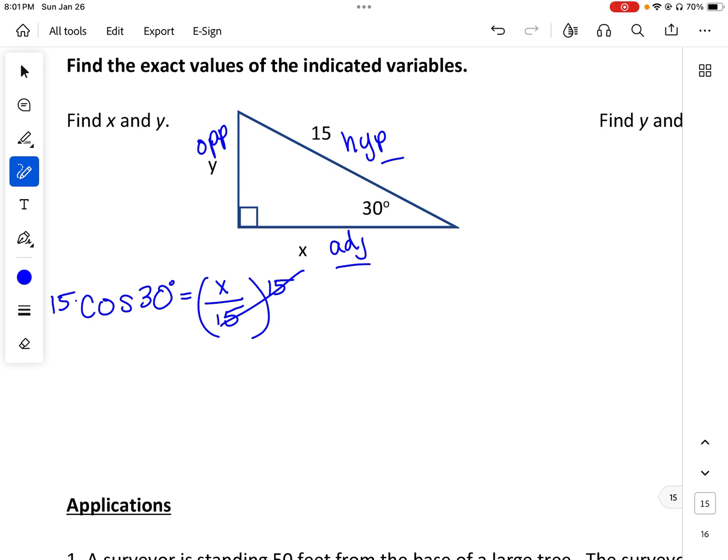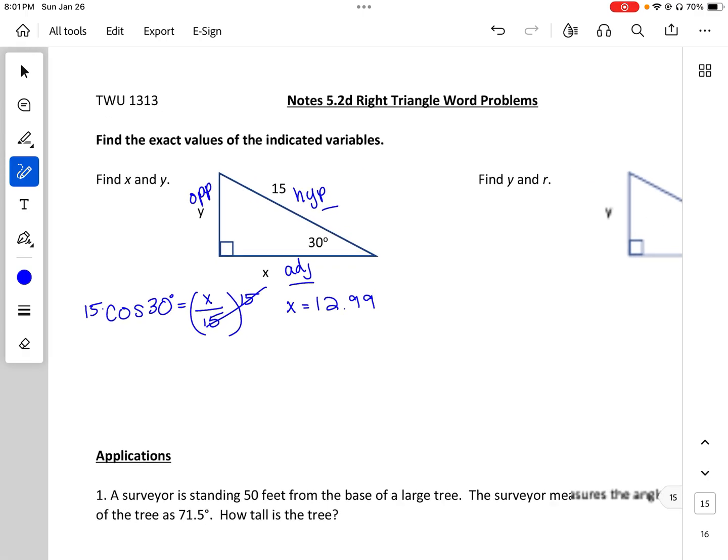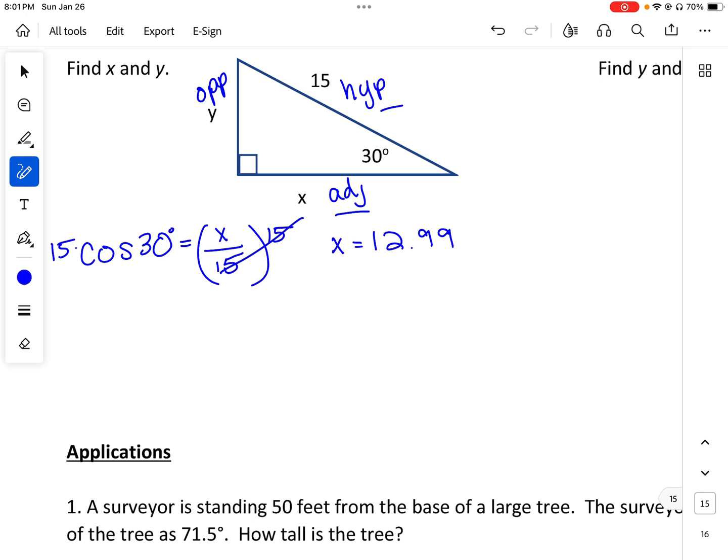Whenever we put this in the calculator, we go to mode and make sure we're in degree mode. Then we put in 15 times cosine of 30, and we get that x equals 12.99. We'll just go to two decimal places since it doesn't specify here.